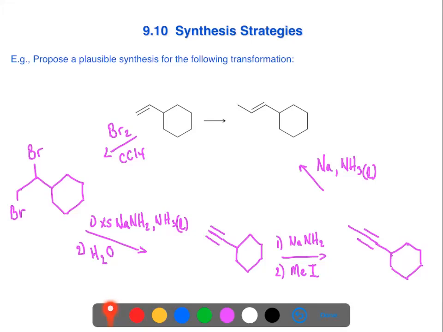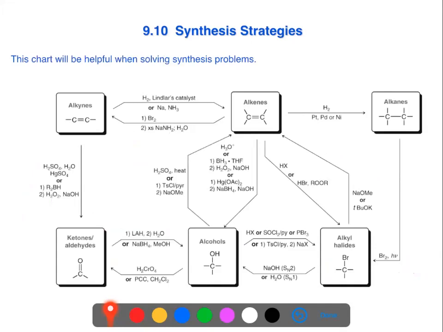So again, I'll just finish this video reminding you that this chart is quite helpful when carrying out synthetic route type questions. And as you can see in this section, we've now enhanced or expanded our reaction toolkit to include reactions and ways to form alkynes from alkenes.